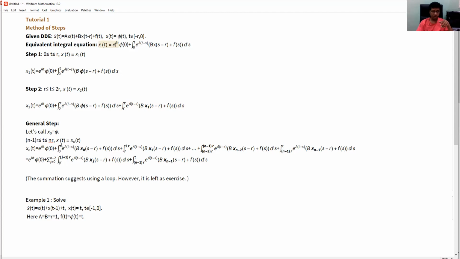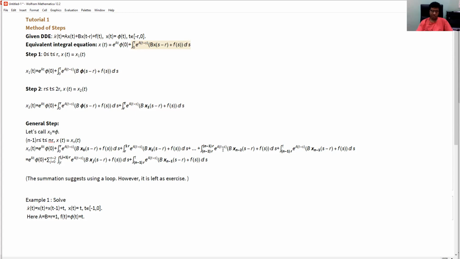Next term is from 0 to r e raised to a(t minus s) b x naught of s minus r plus f of s ds. So in this integral, we take limits from 0 to r and replace x by x0. x0 means phi. Again we take same integral. Limits are from r to 2r, and we replace x by x1. And so on.